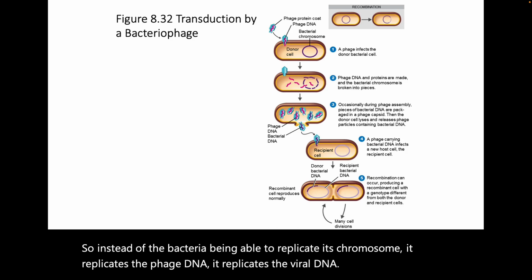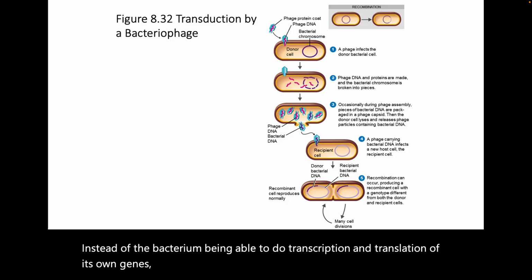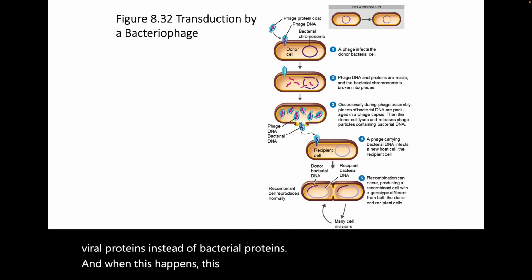Instead of the bacterium being able to do transcription and translation of its own genes, it does transcription and translation of viral genes. So it makes viral proteins instead of bacterial proteins.